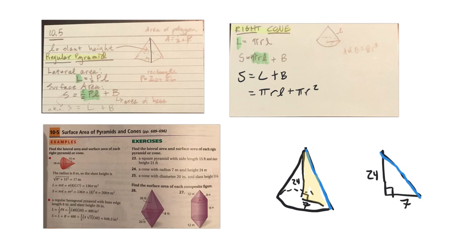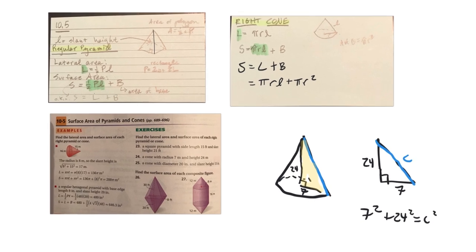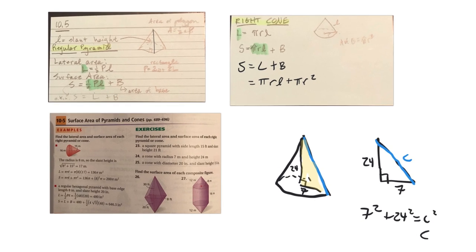So that is going to be a matter of using the Pythagorean theorem, so we could call that C. And we're looking at 7 squared plus 24 squared equals C squared. And that's going to turn out to be, after all of your calculations, 25. Now, it turns out that was a Pythagorean triple, so some of you may have known that right away. But nonetheless, the slant height is going to be 25, therefore.